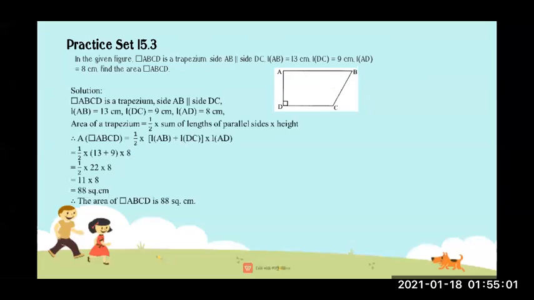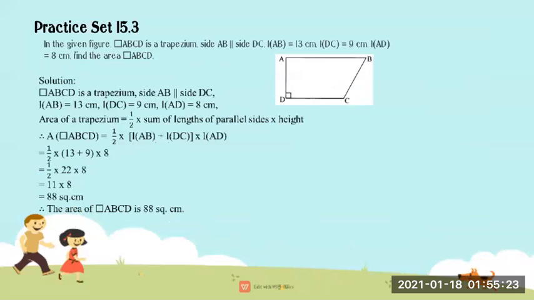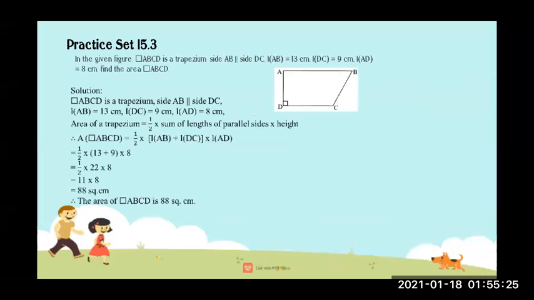Here some measurements are already given and they told that AB is parallel to DC. So here, in the solution, you will first write whatever is given in the question. That is, quadrilateral ABCD is a trapezium with side AB parallel to side DC.